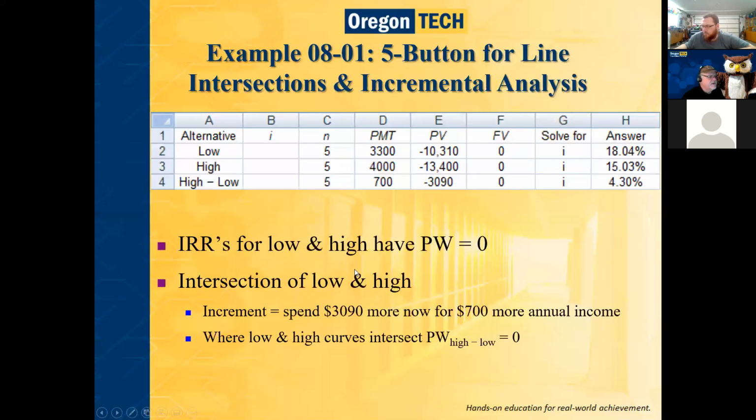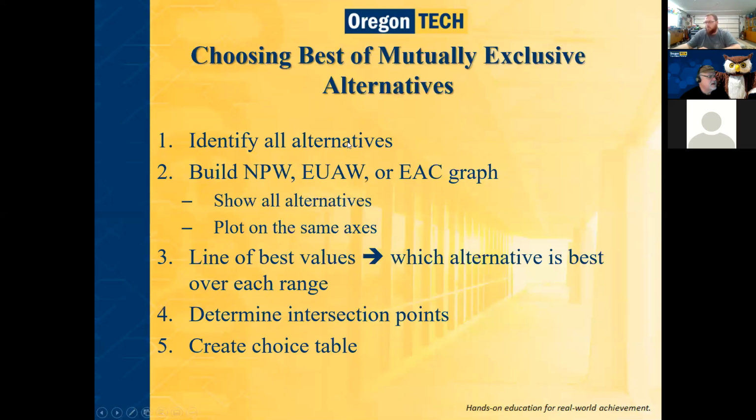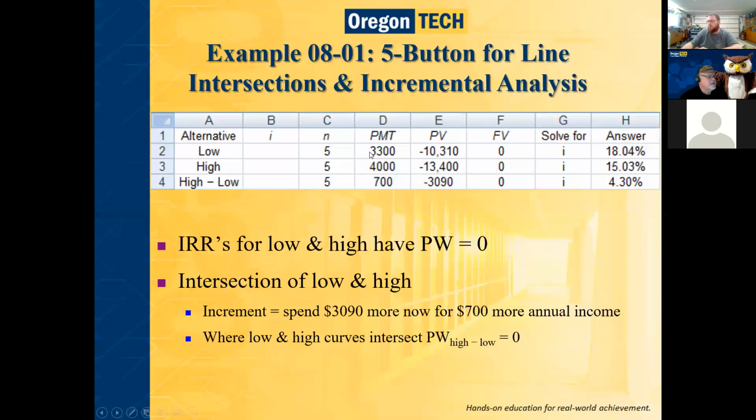Now then, they also say, here's the 5-button version. They basically say, let's stick in 5 years, $3,300, over $3,300, 5 years, initial cost. Minus $3,300, future value 0, solve for I. That gives you the rate of return for that one.